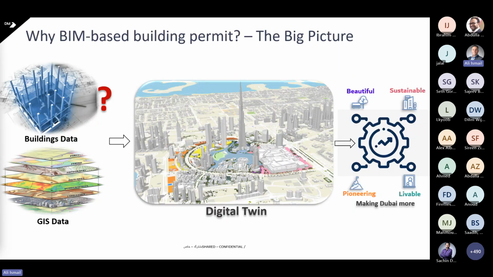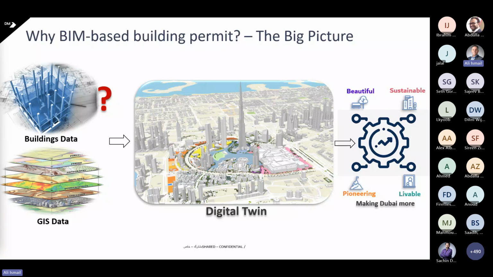For the GIS integration, it is one of the responsibilities of Dubai Municipality to run and manage the city, to ensure the happiness of the people in Dubai and to have a modern and smart city.